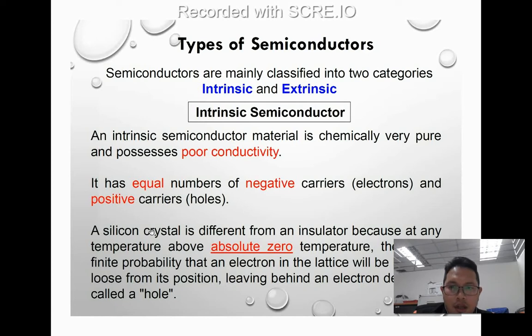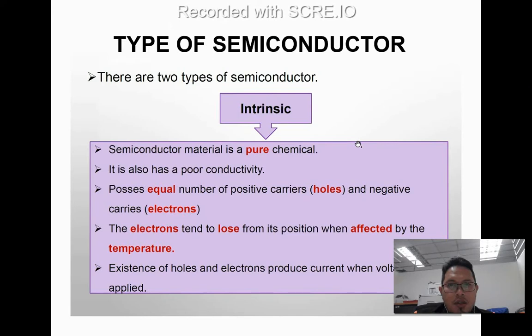In a silicon crystal at any temperature above 0, there is a finite chance that an electron will be knocked from its position, leaving the electron deficiency called a hole. Okay, that's the problem with the intrinsic semiconductor.